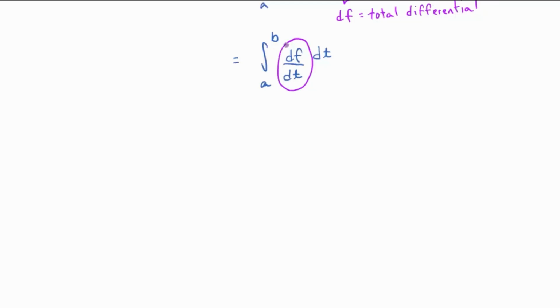And in fact, by the fundamental theorem of calculus 1, we can evaluate this. What's the antiderivative of df/dt? It is f, but let me be specific. It's f of x of t, y of t, z of t. But ultimately, when you write x, y, and z in terms of t, which is what this notation means, that is a single input function in terms of t. And then you have to evaluate it by the original fundamental theorem of calculus from a to b.